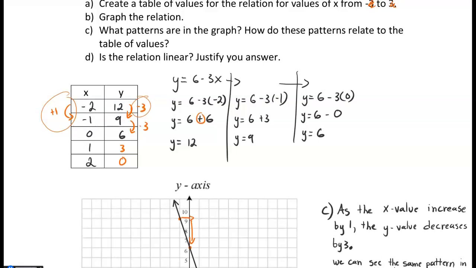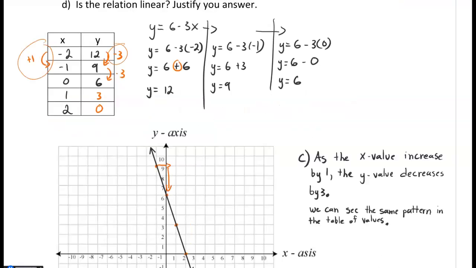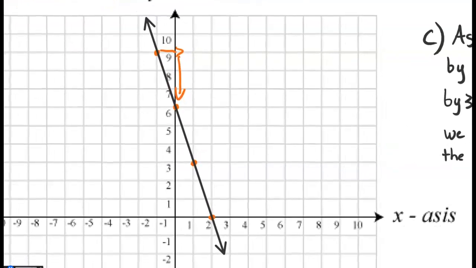Our next thing is, is the relation linear? Justify your answer. Now remember, our relationship is linear if it creates this straight line and it follows a continuous pattern. So is this going to be true? Do we create a straight line here?